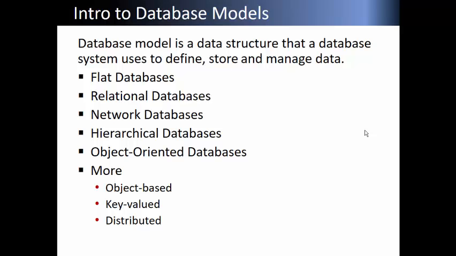And then historically, after that, we have the network database model and hierarchical databases up until the mid-1970s. And then databases advanced technically and improved performance and efficiency by having relational databases.